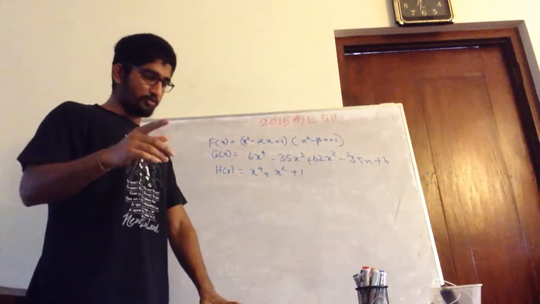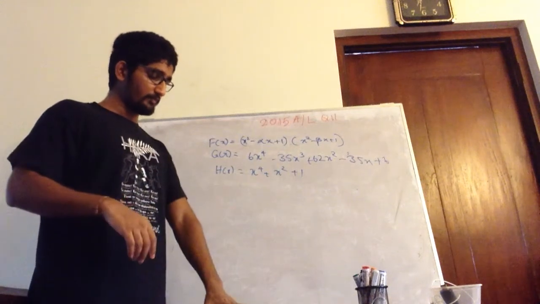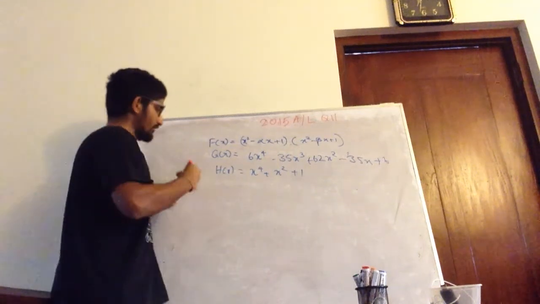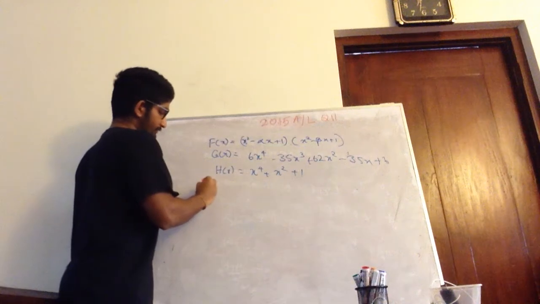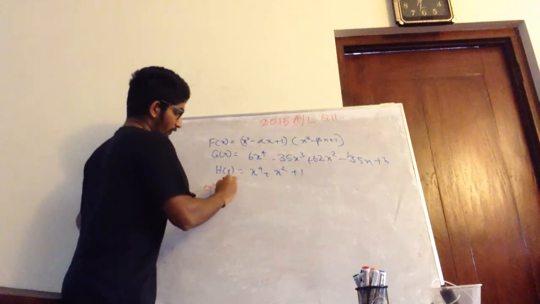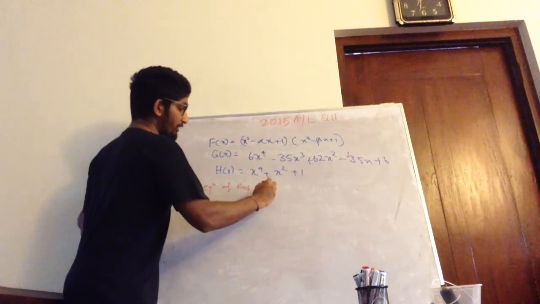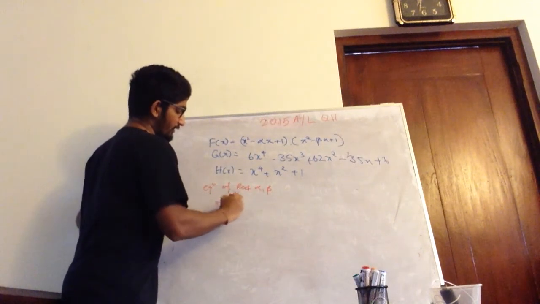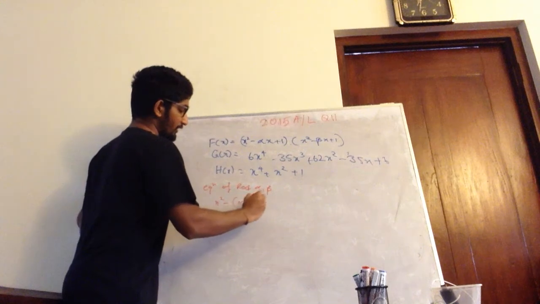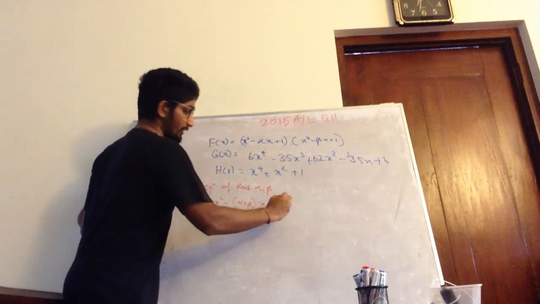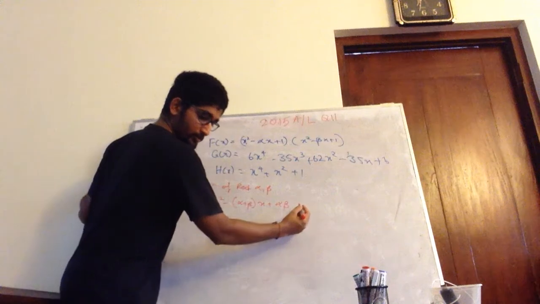What should come to your mind is that the equation of roots alpha, beta is x squared minus (alpha plus beta)x plus alpha beta equals 0.